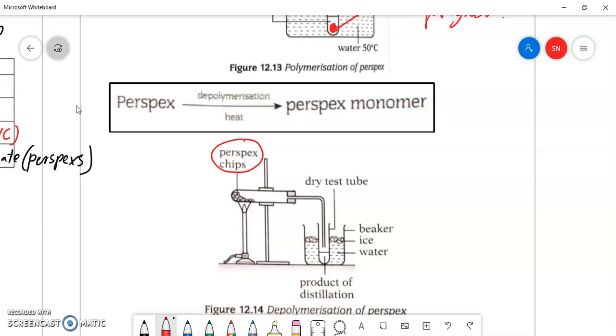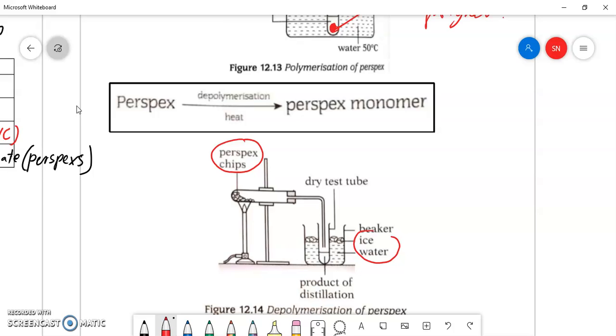When the solid melts, it disintegrates into vapor form, and this mixture of water and ice is used to condense the perspex monomer vapor back into liquid monomers.